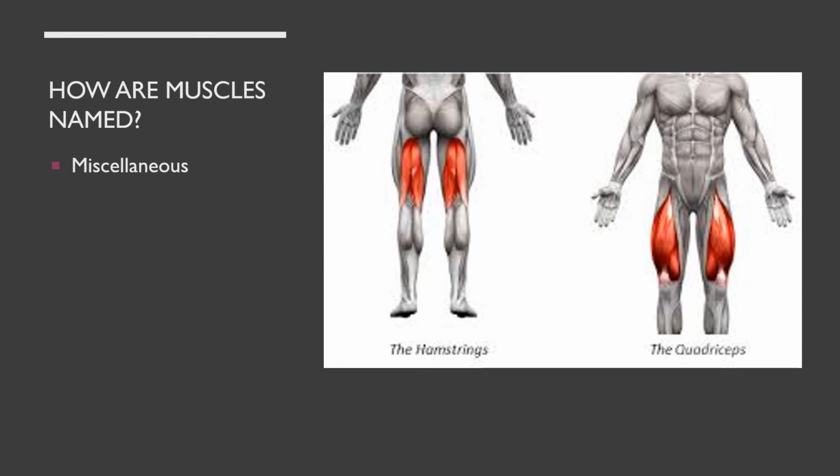But the reason they're called the hamstrings is quite interesting. If you've ever seen an actual butcher shop where they get the whole hogs in, the whole pigs in, what they do is after they skin them, they hang them to let them dry and let the blood drain out.